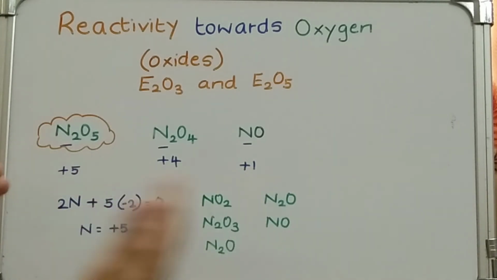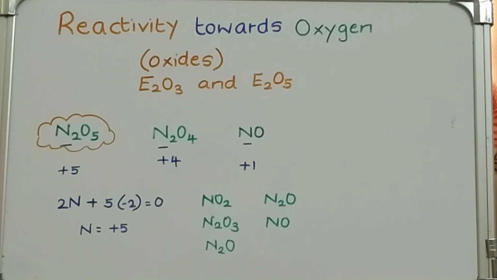Nitrogen forms many oxides. Why? Because of p-pi overlapping. In nitrogen a 2p orbital is there, and oxygen also has a 2p orbital, so both are of the same energy level. They overlap with each other and can form different oxides.